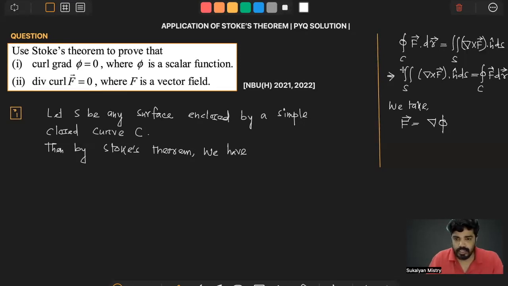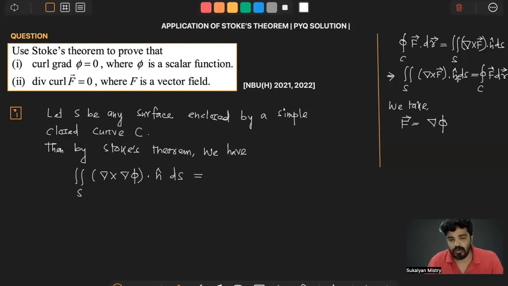Okay. So that is double integration over S del cross F. What is F? F means del phi. Del cross del phi dot n ds.